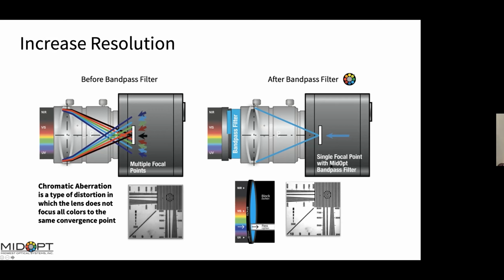You can see that the lens doesn't have that chromatic aberration effect or distortion happening to it, and you can gain some resolution here, as you can see from the difference between these two example images. So you can see that there's much higher resolution, brighter, clearer, sharper. So, increasing contrast, increasing resolution.